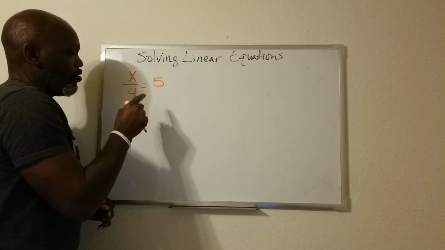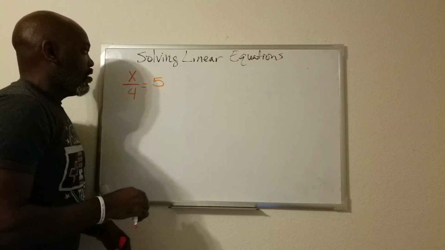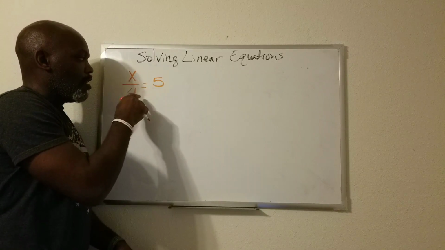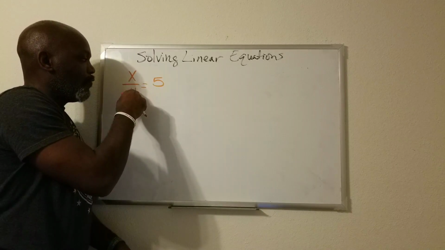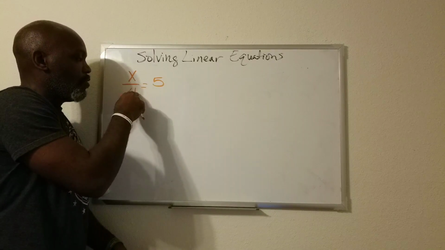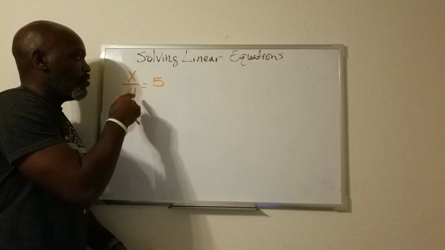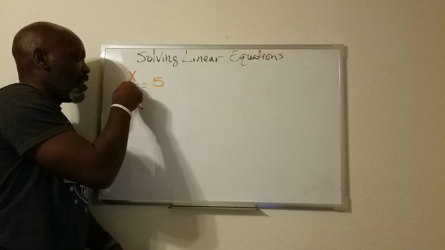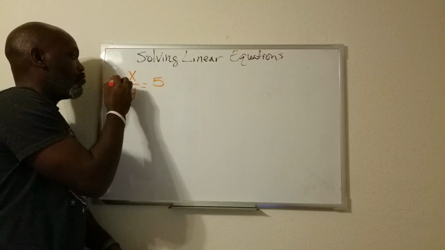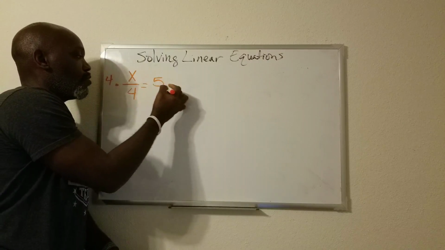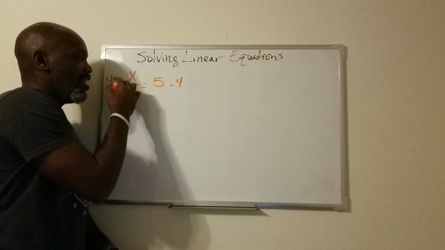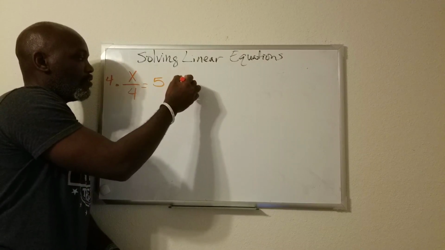All right, so there are a couple different ways to solve this. Some people may do cross multiplication, but what we would need to do first, right? The first thing that we would need to do, I'm going to show you how to do multiplication property of equality. So I need to get this x by itself. It is being divided by 4, so I can multiply it by 4. Whatever I do to one side, I have to do that to the other side.